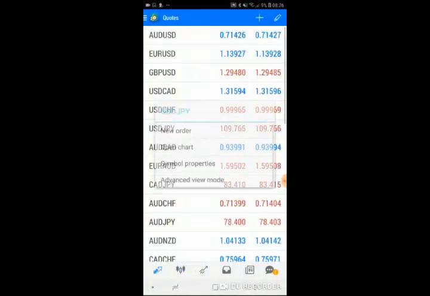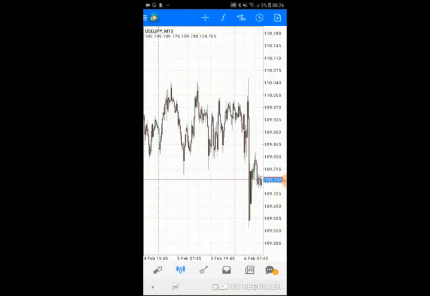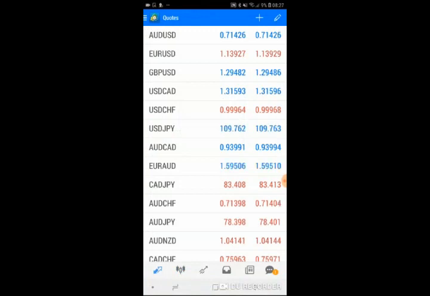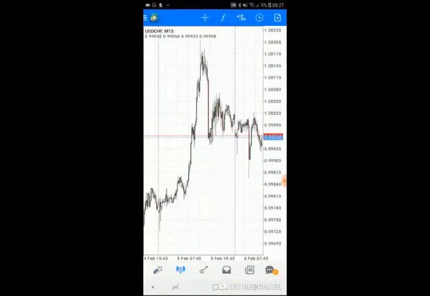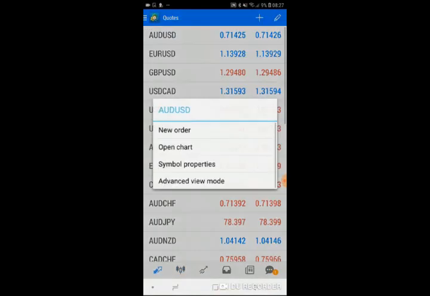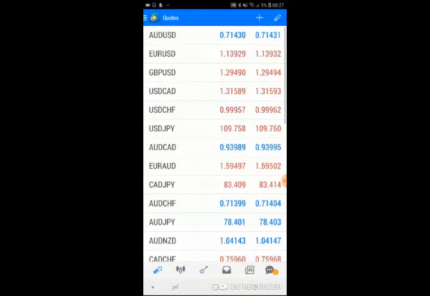Or any USD pair, even AUD USD, we expect the market to go up fast or down fast. Even this one, NZDUSD, it has to go up fast or down fast. That's what you gotta know, right?